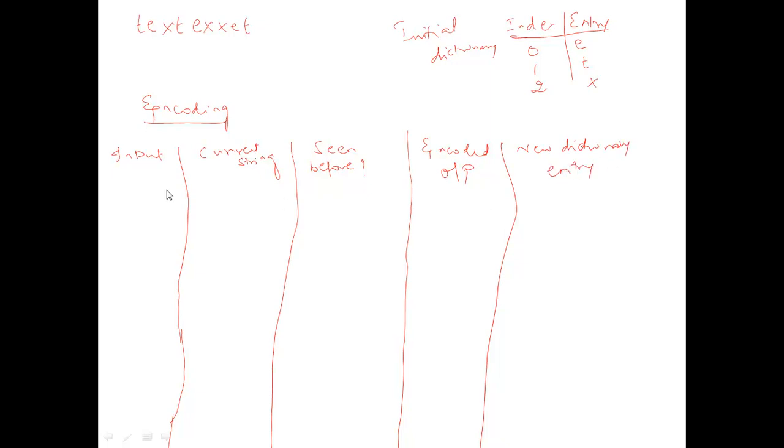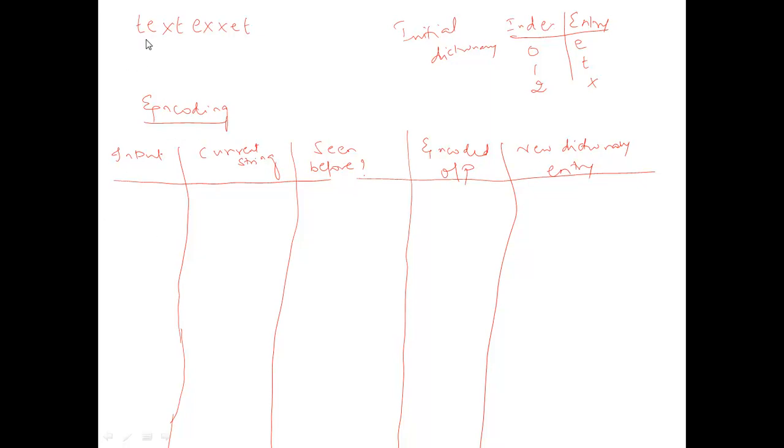We are going to perform the encoding of the string TEXT. Initially, the dictionary has only 3 entries: address 0 has the entry E, address 1 has the entry T, address 2 has the entry X. Now let us start with the first input.